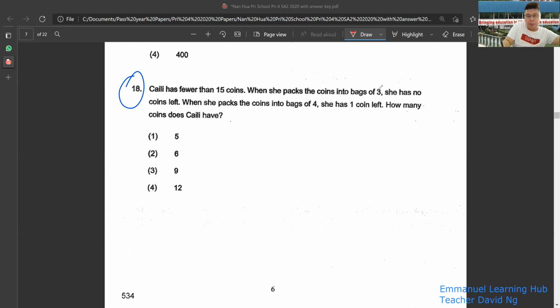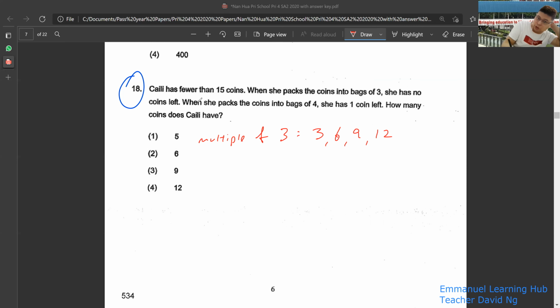She packs the coins into bags of 3, right? So multiple of 3. Fewer than 15 coins.